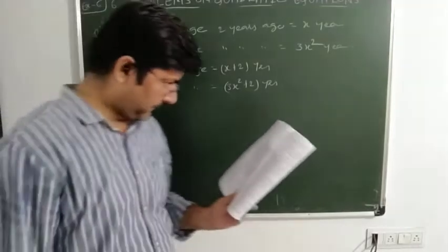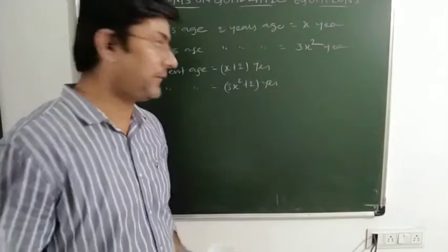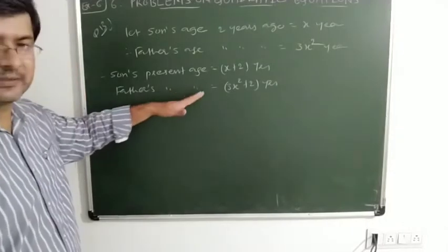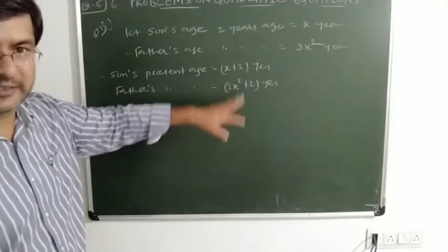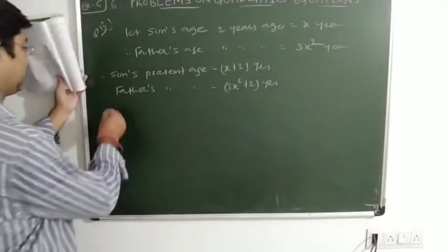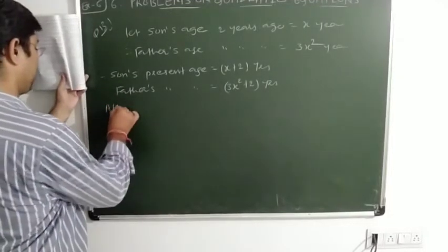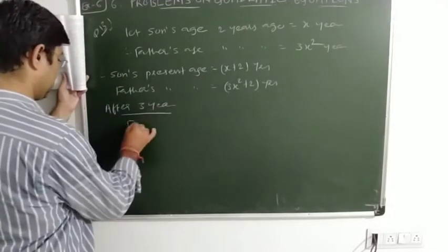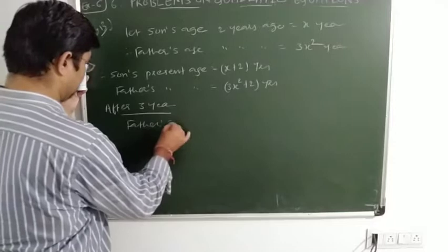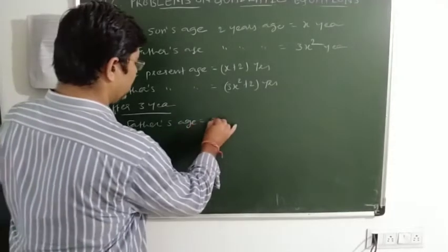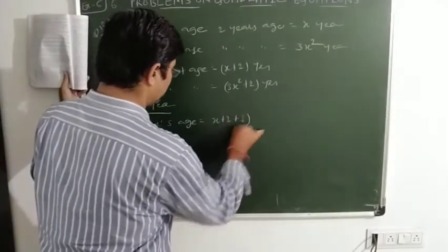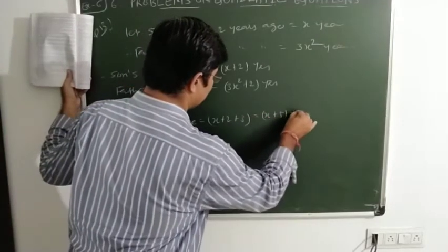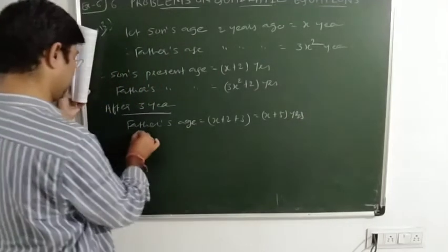Now it is given that in 3 years time, means after 3 years. So if you want to find their ages after 3 years, you will add 3 to both these ages. So let us write down, after 3 years the son's age will be x plus 2 plus 3, which is x plus 5 years.